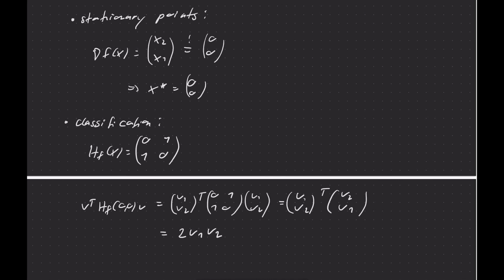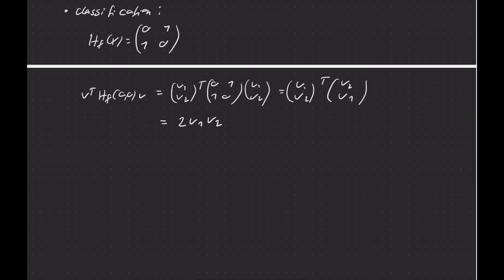And while this does look like a nice positive expression, it actually isn't, because of course the v's can also contain negative entries. So in this case, if both of them are positive, for example, like this here, 1, 1, then we get 2 as a result, and that's of course positive.